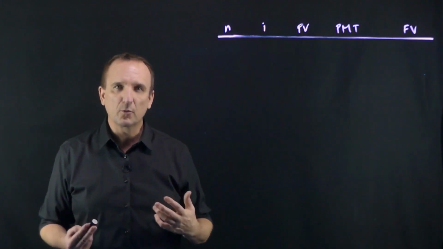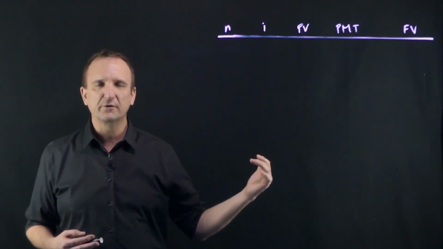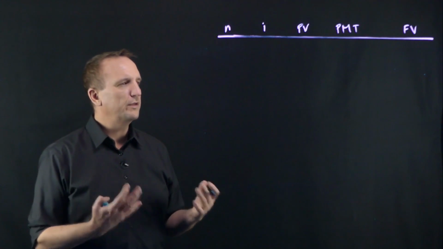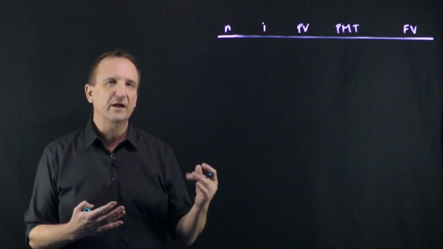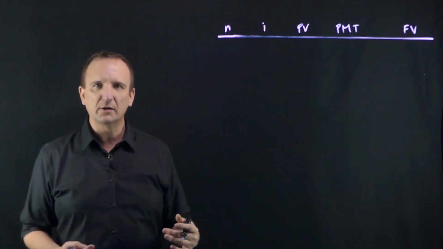So in this problem, we're evaluating an investment that's going to pay us a different cash flow at the end of each year. And so the way that we're going to solve this one is we're going to take the present value of each one of those payments, and then we're going to add them all up together.